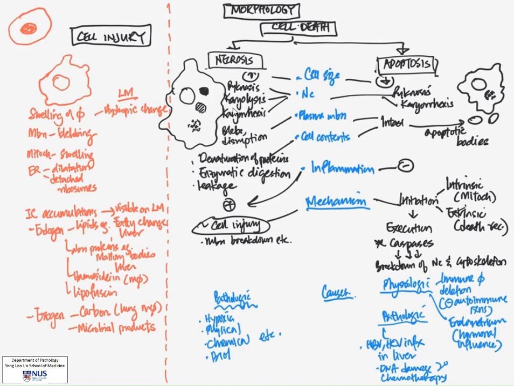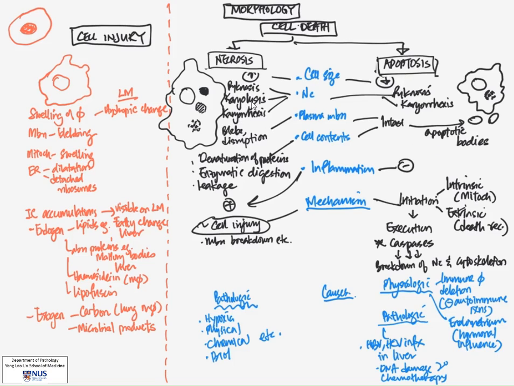So just to summarize, we've looked at the morphological features for cell injury. Most of these are appreciated only under electron microscopy, but we can see some changes like swelling due to hydropic change, and we can also appreciate some intracellular accumulations. For cell death, the two main types, necrosis versus apoptosis, we've gone through some of the differences.